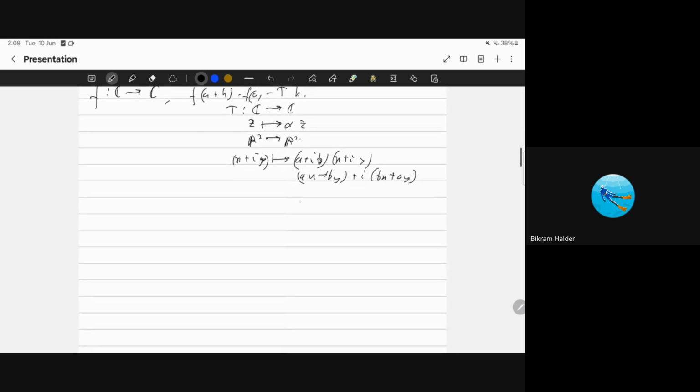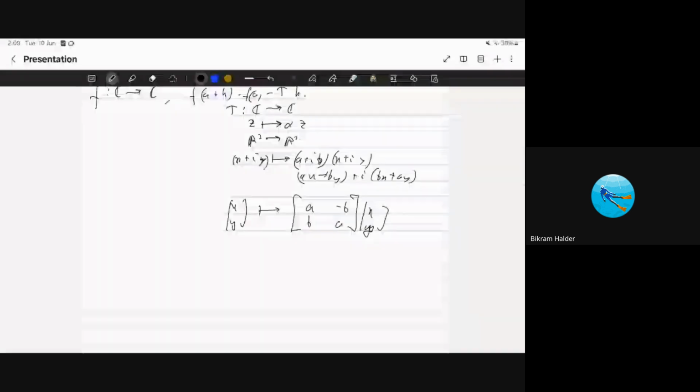And when you write this as a transformation, this is (x, y) going to the matrix with rows (a, minus b) and (b, a). So this is what the linear map should be.